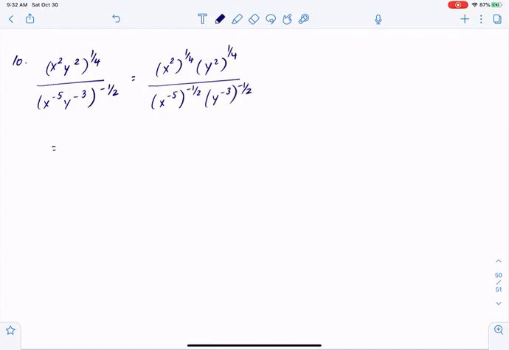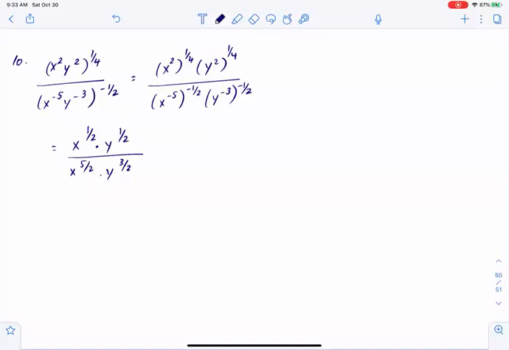So 2 raised to 1 over 4 times 1 over 2, y, 2 raised to 1 over 4 times 1 over 2. x raised to negative 5 times negative 1 over 2, 5 over 2. y raised to negative 3 times negative 1 over 2, 3 over 2.